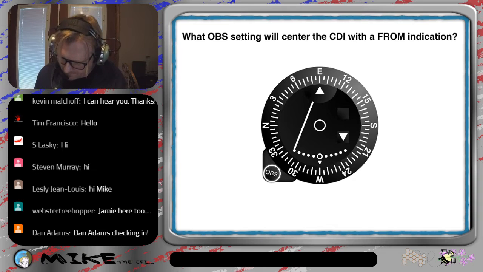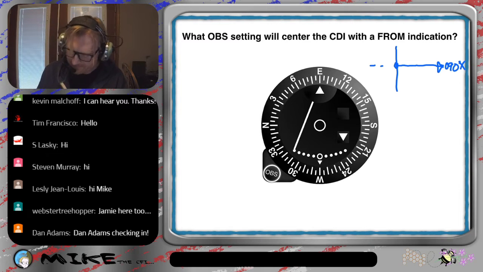So again, on these, I recommend drawing them out. So we've got the 090 from the station, which means that we're somewhere on this side. We have to go to the left 10 degrees, which means that we're somewhere over here.